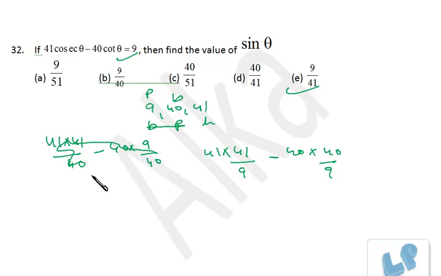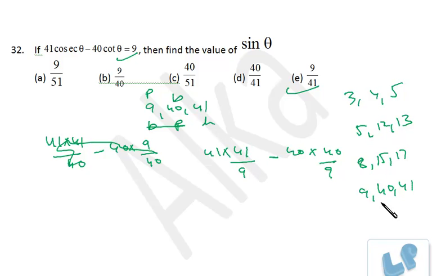So simply you can do it by this approach. You must be aware of the basic Pythagorean triplets. That is the only condition. I'll write some of them for you. 3, 4, 5, 5, 12, 13, 8, 15, 17, 9, 40, 41, and their multiples also. 3, 4, 5, 3x, 4x, 5x will also be a Pythagorean triplet. 5x, 12x, 13x, 8x, 15x, 17x, 9x, 40x, 41x, all of them will be Pythagorean triplets as well, right?